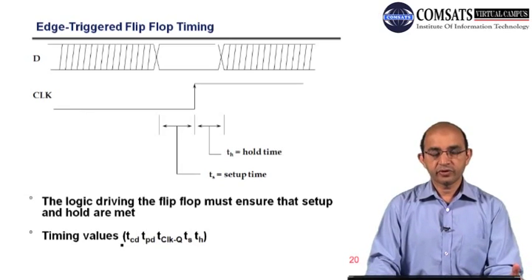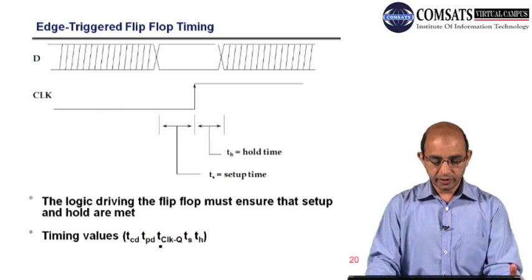And at the input of the flip-flop, we sometimes have combinational circuitry. So you can see here we have the TCD, TPD, that part is combinational, and here we have the sequential.